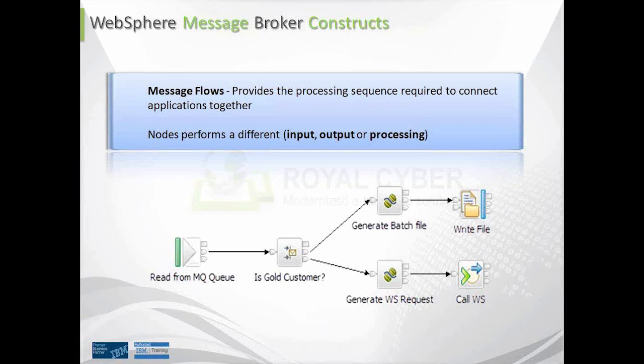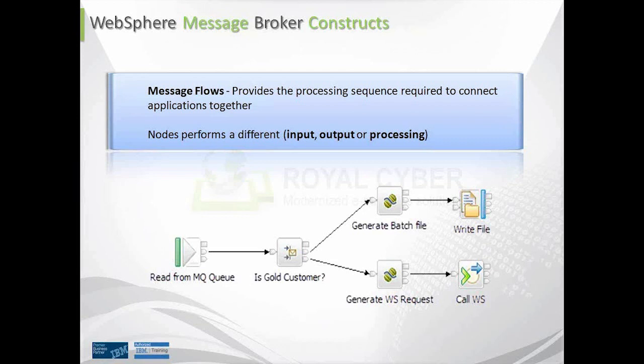Here we build applications using visually drawn programming. It's basically a visually drawn program where you have a predefined set of nodes and you drag and drop onto your palette, and then you do the connectivity between them, and then you can write certain scripts behind that. So here you can see a picture of a message flow which provides the processing sequence.